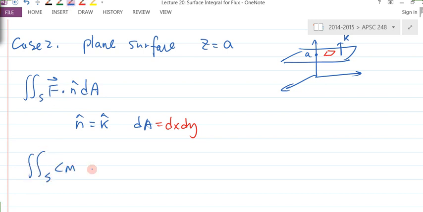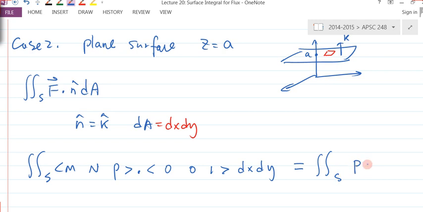F is M, N, P. N hat is k hat, which is 0, 0, 1. dA is dx dy. So overall, P times 1 is P, so this is P of x, y, z dx dy.